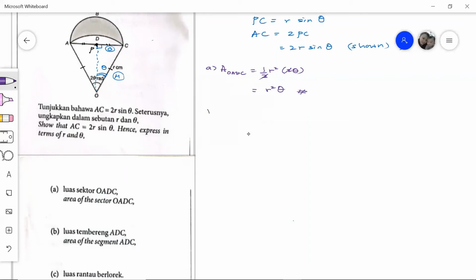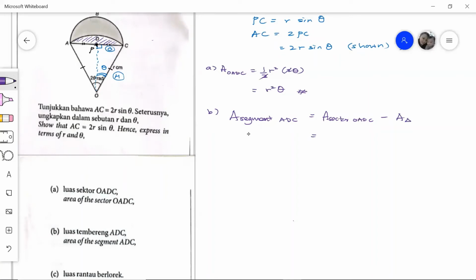That's it. And B, we have to find the area of the segment ADC. So the ADC is this part, the one that I shaded in purple. So it will be the area of the sector OADC minus the area of the triangle.